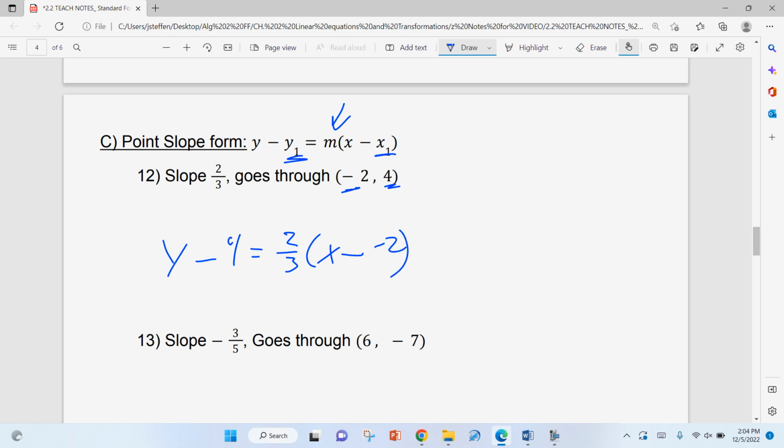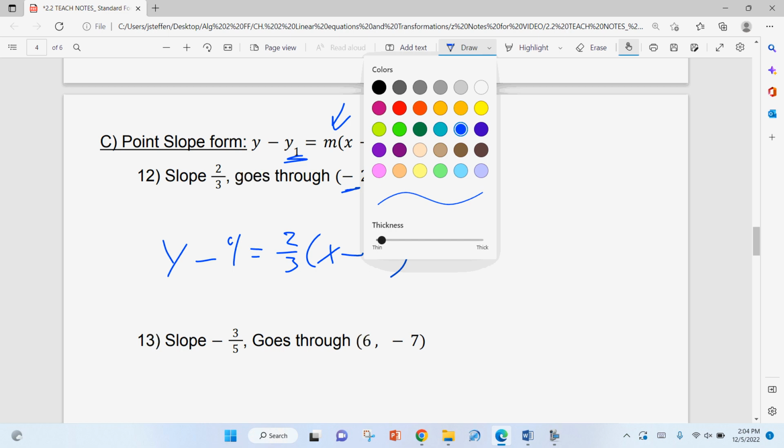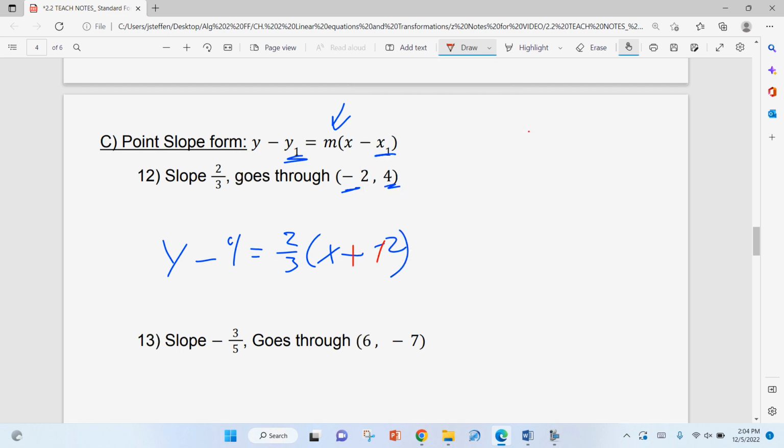Do me a favor. Other than this, the only other thing I want you to do is if you have minus and negative, I need that to be a plus. I personally rewrite my equation when I do that, but that is completely up to you.